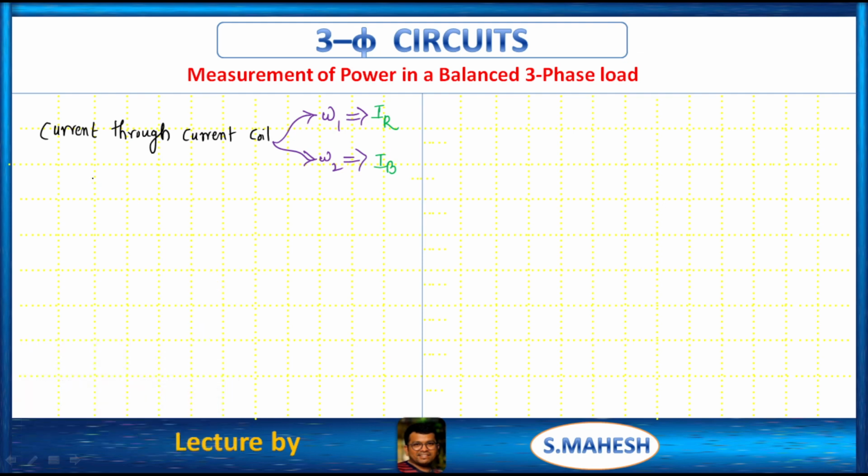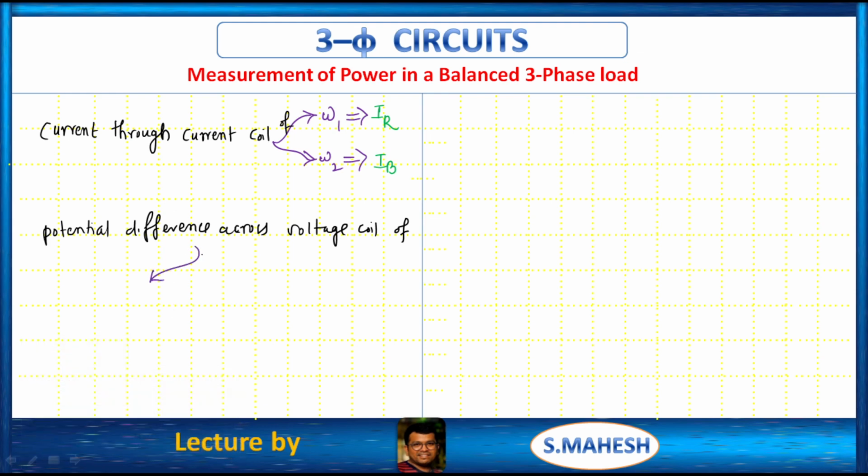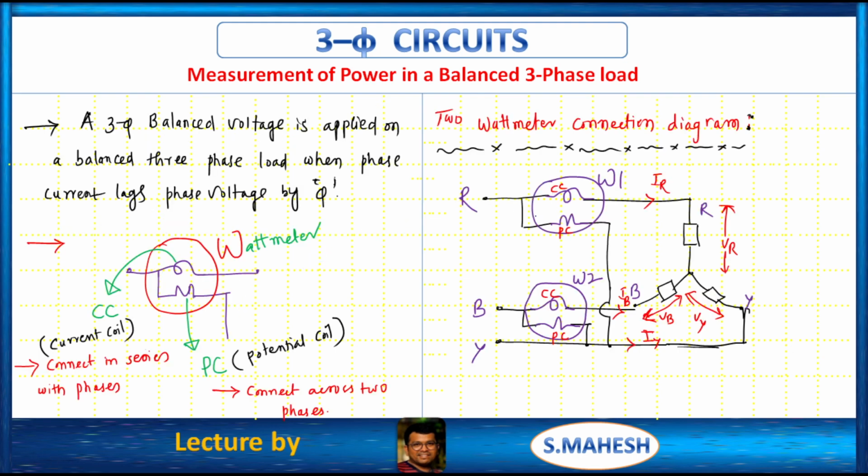Listen carefully, the potential difference across the voltage coil of wattmeter 1 and wattmeter 2. The potential coil is connected between R and Y for the first wattmeter.